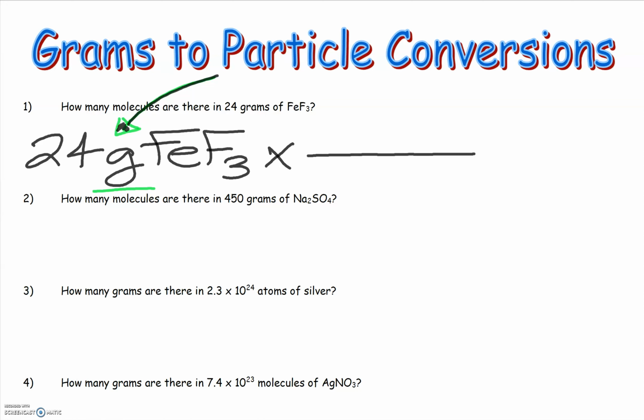So we have grams. We don't want grams, and so that is going to go to the bottom of the conversion factor. That could say anything. It could say atoms, moles, molecules. It could say anything, and that unit goes to the bottom. Now, that doesn't tell us the number. It tells us the unit. Now, the other side of the conversion factor is going to be 1 mole.